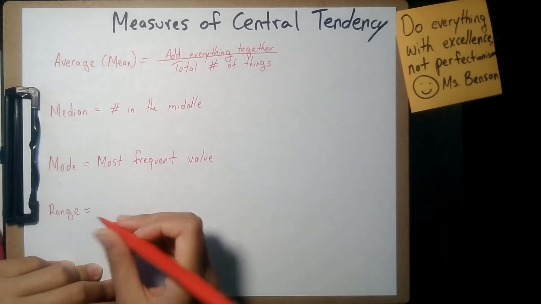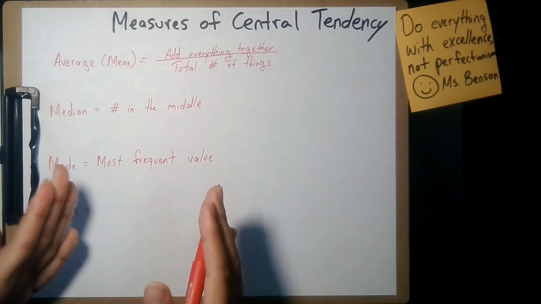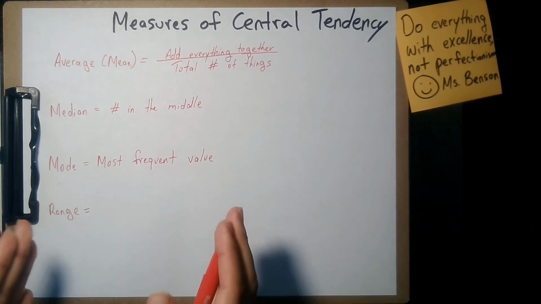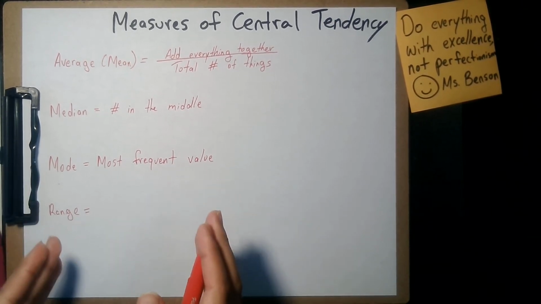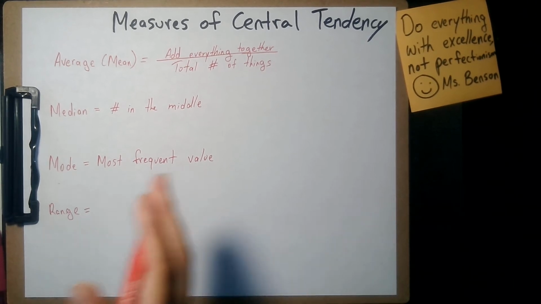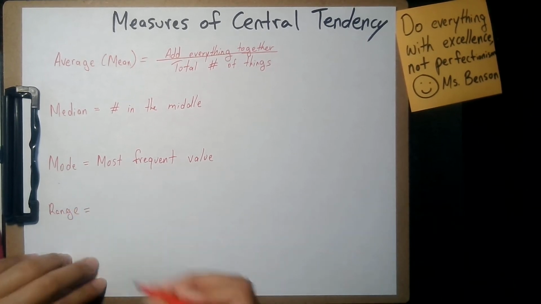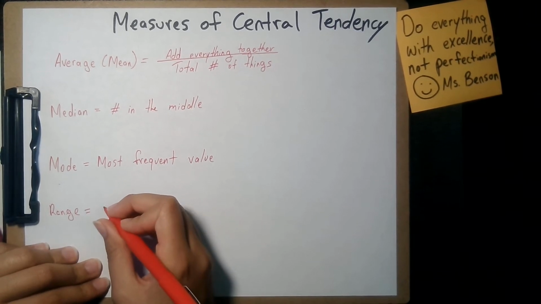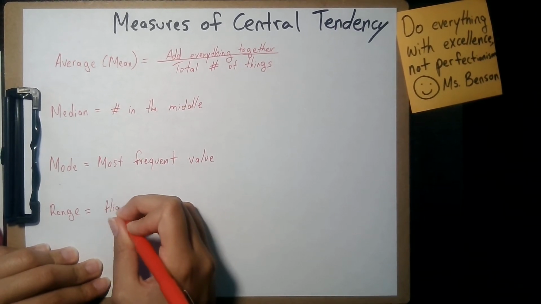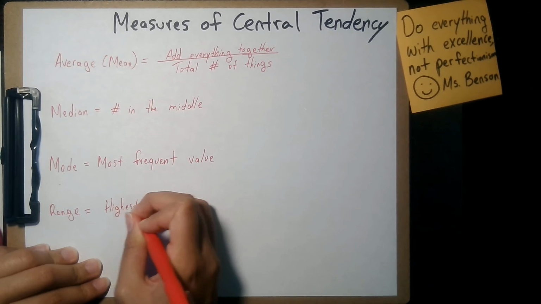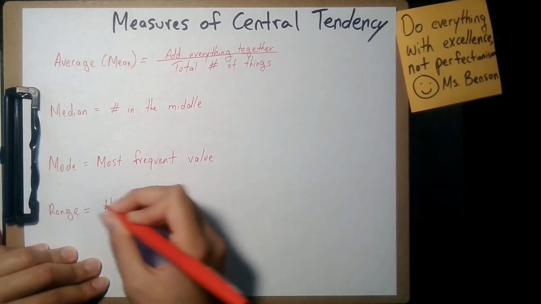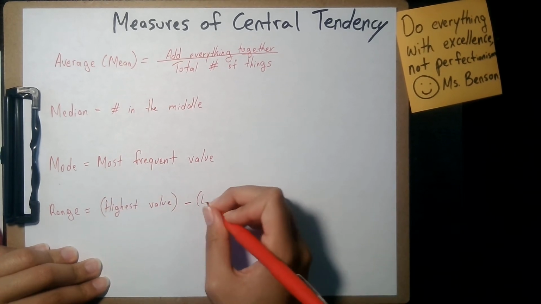It's how much space I'm going to deal with, from where to where. You can get that by subtracting the highest value by the lowest value.